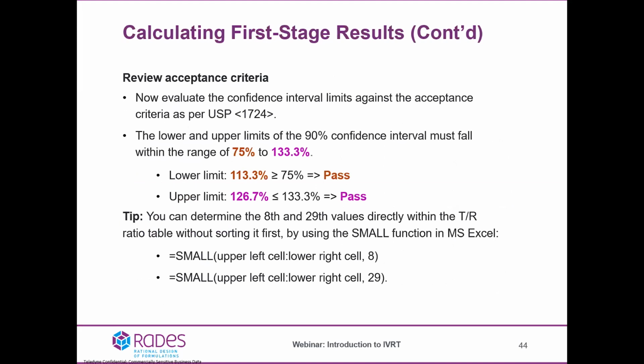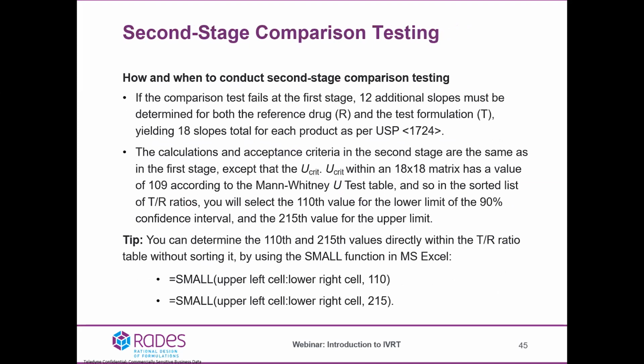If the first stage failed, the comparison test must be expanded by additional 12 release rates for test and reference formulation.